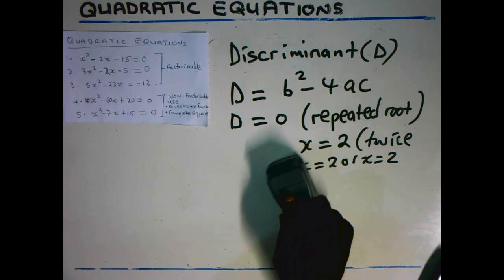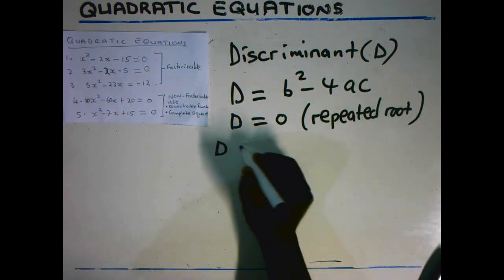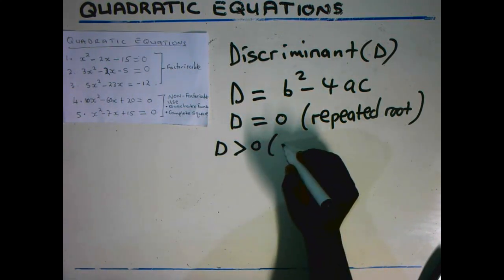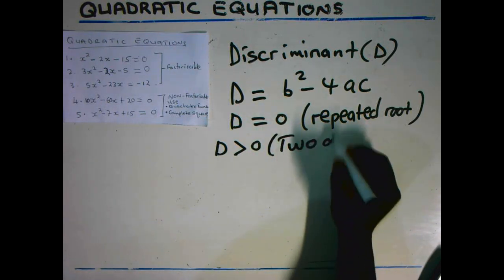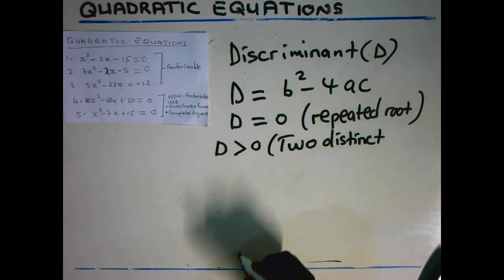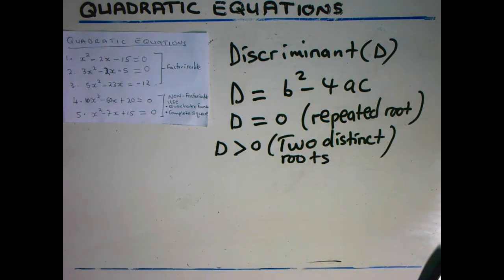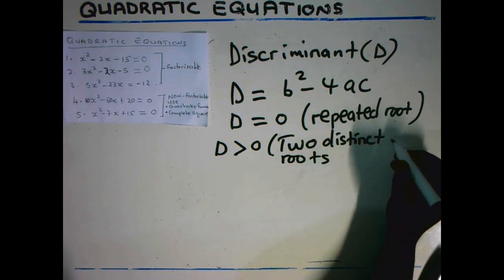That is the implication. Now, what about if D is greater than 0? It means we have got two distinct roots. Distinct means different. Two different roots. Let me put another word here, real.